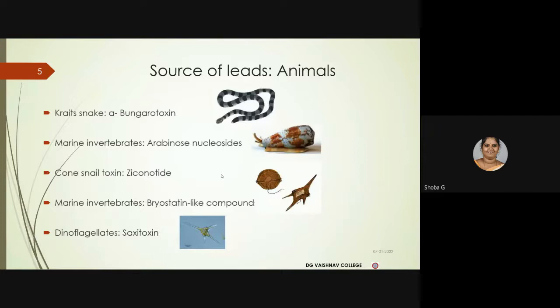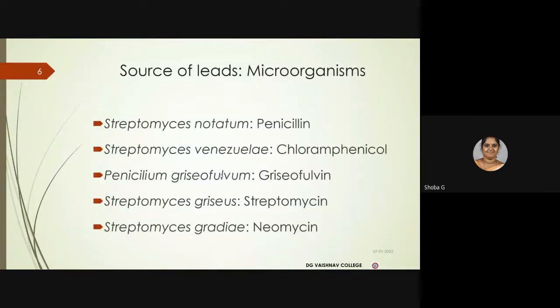And from animals also you can isolate compounds. From marine sources, from shells, you can isolate some compounds, and from snakes you can isolate some toxins. You know very well all drugs are toxic, but they should be used at limited levels. Next, from microorganisms we can also isolate lead compounds.